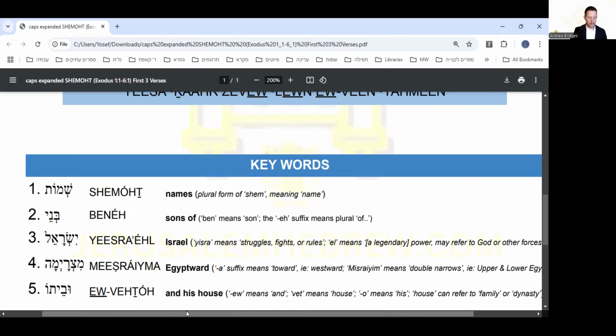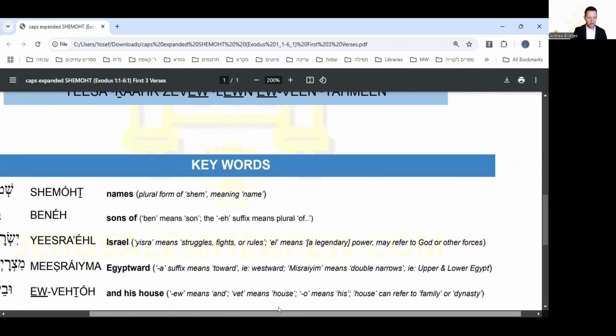Number 3. Yisrael, Yisrael. Yisrael is composed of 2 different root words. Of course, it is the name of Israel, but its meaning, Yisra, means he struggles or fights, and it could also mean rules, but contextually from the book of Genesis, it's associated, at least originally, with regard to struggling or fighting.